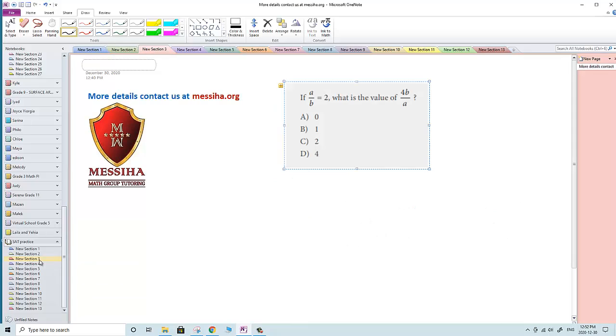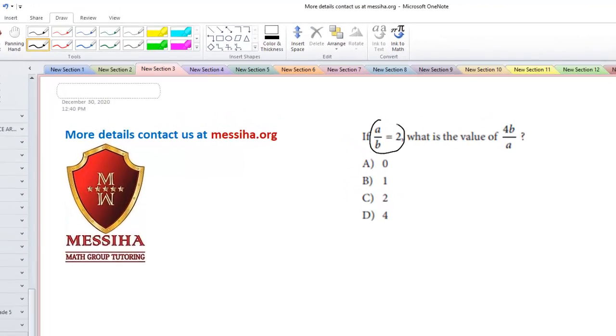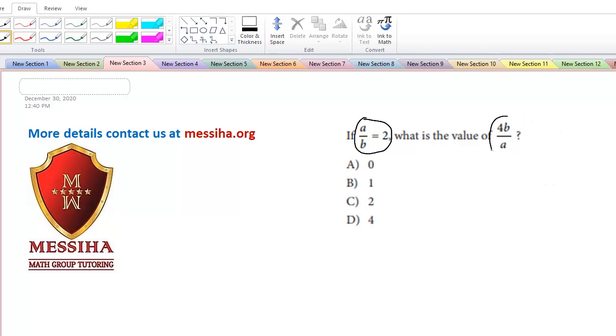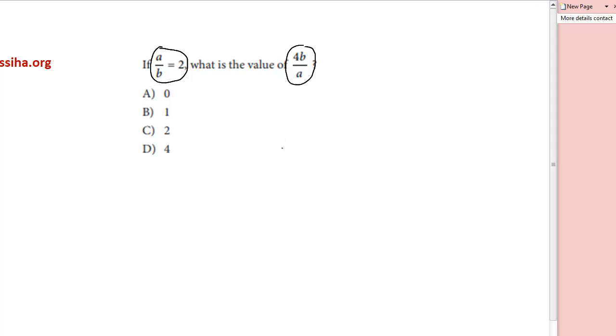The third question is saying if a over b equals 2, what is the value of 4b over a? You will see something here, maybe it's a little confusing. I have the value of a over b equals 2, but here I have 4b over a.